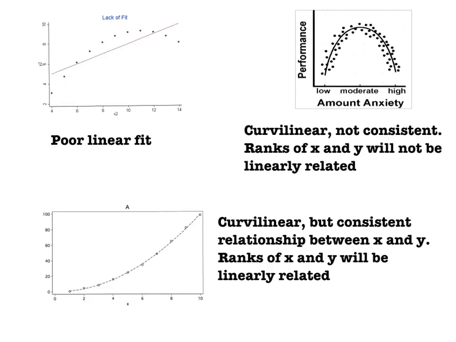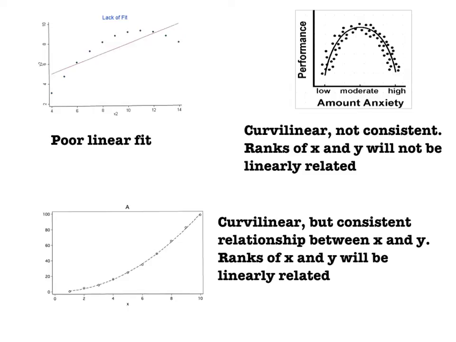If you look at the top left graphic, you can see an example of poor linear fit. The actual data points are curvilinear, and a Pearson coefficient would just be the fitting of a straight line to the data, and you can see there's quite a lot of error involved in such a procedure. If you look at the graphic next to it, we see a highly curvilinear relationship between x and y.